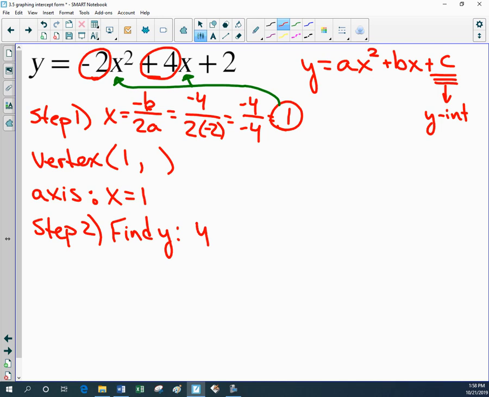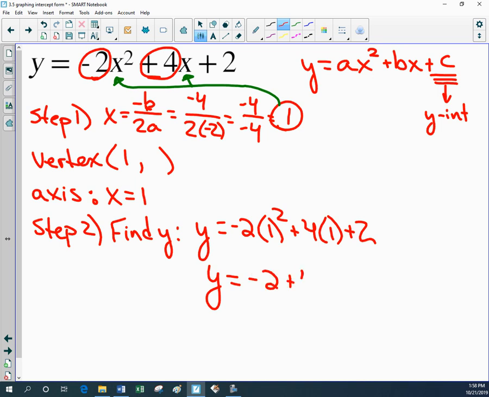So y is going to be negative 2 times 1 squared plus 4 times 1 plus 2. So 1 squared is 1, negative 2 times 1 is negative 2, plus 4 plus 2. So y equals 4. Okay, and so that represents the y-coordinate of the vertex.